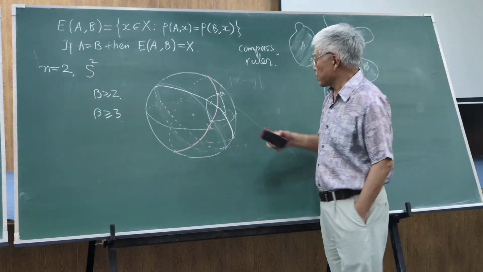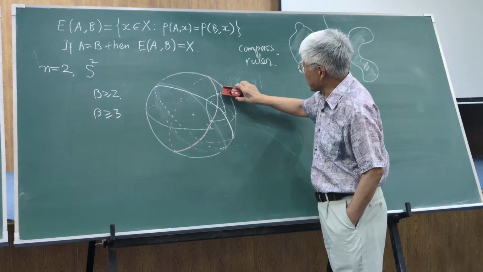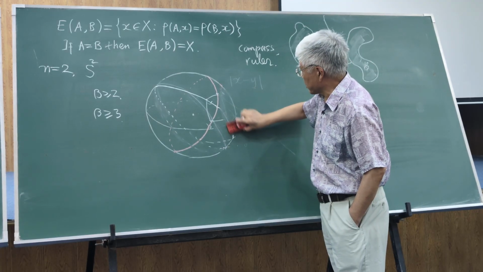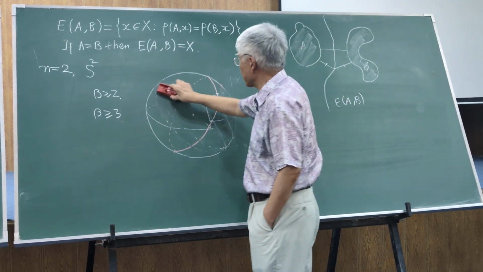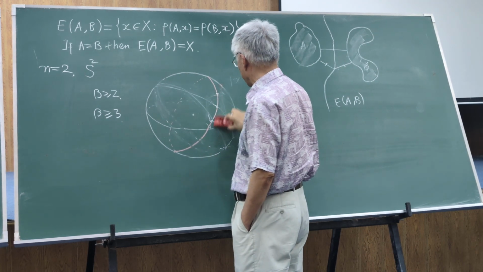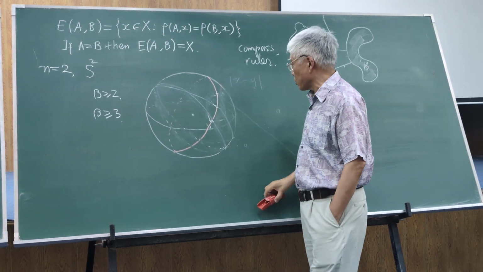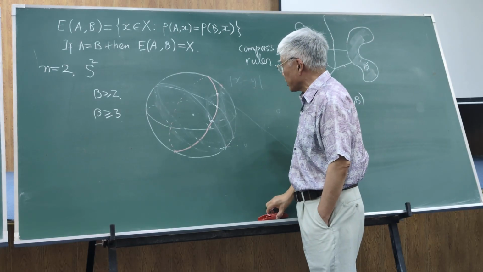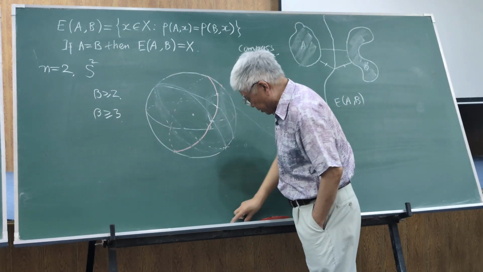Is 3 enough? So let us erase this great circle. Oh no, we should have erased the red one. So this great circle is red.